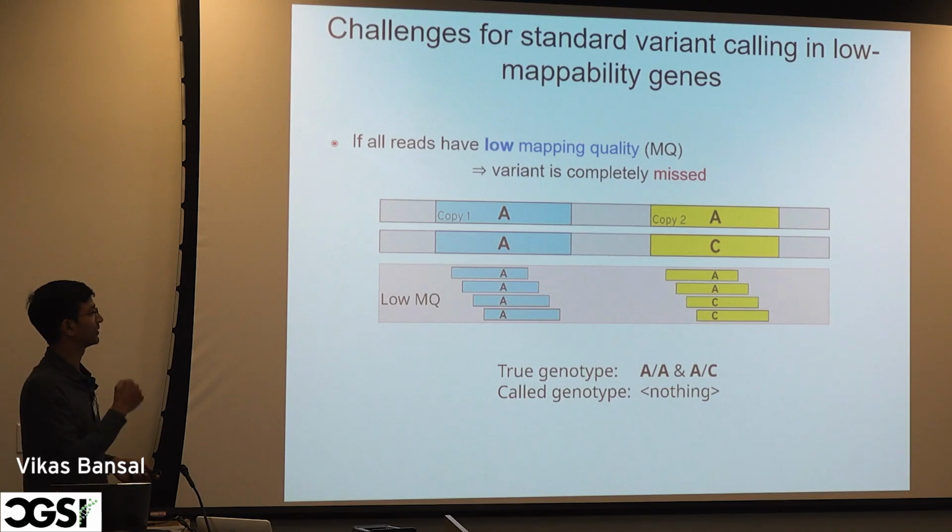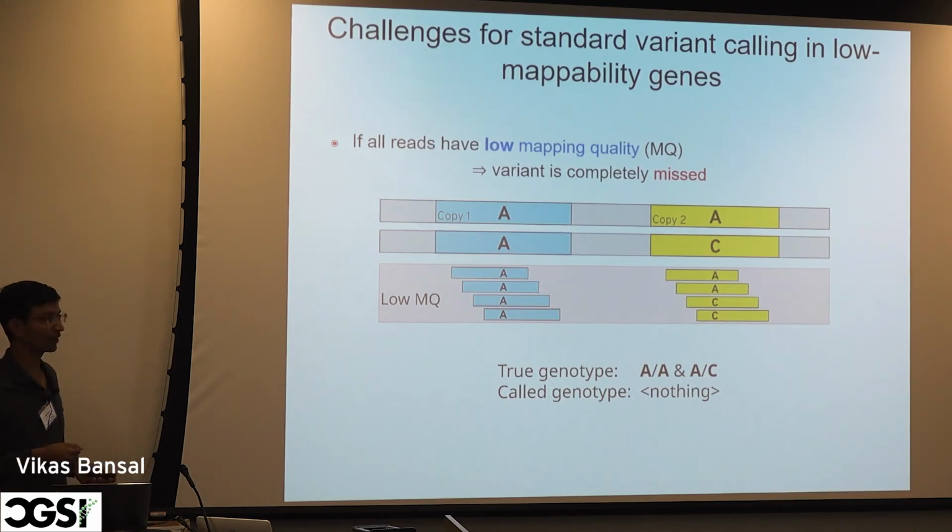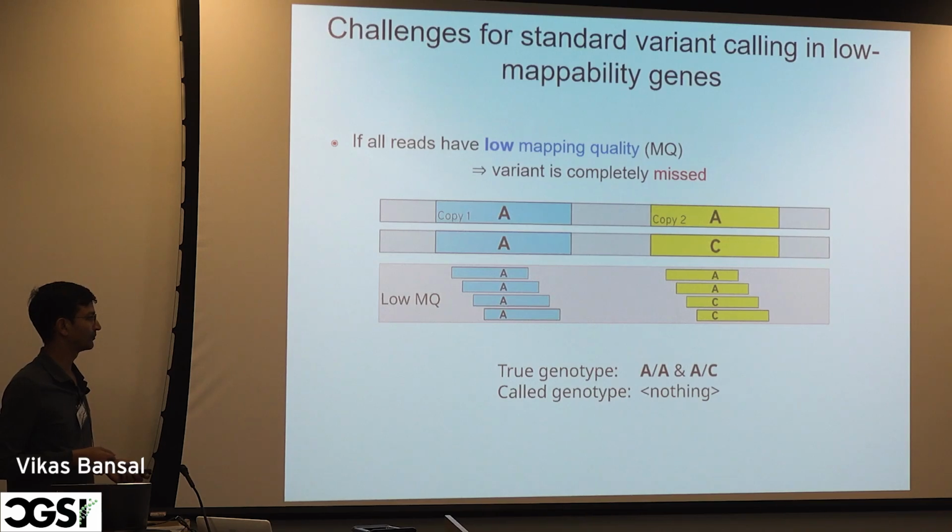Another example of a challenging case for standard variant calling is when you have no PSVs, so all the reads have low mapping quality, and basically you end up with false negatives. In this case, standard variant calling cannot do much because the reads have low mapping quality.